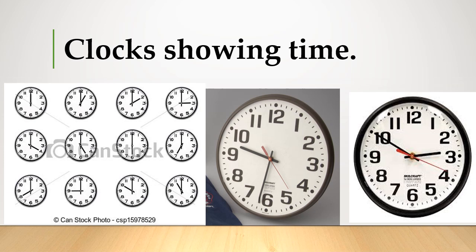This here is 2 o'clock, while this here is 3 o'clock. Here is 4 o'clock, here is 5 o'clock, here is 6 o'clock, here is 7 o'clock, here is 8 o'clock, here is 9 o'clock, here is 10 o'clock and we have 11 o'clock.